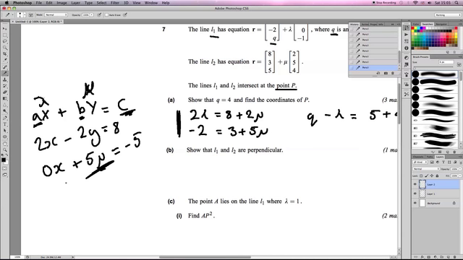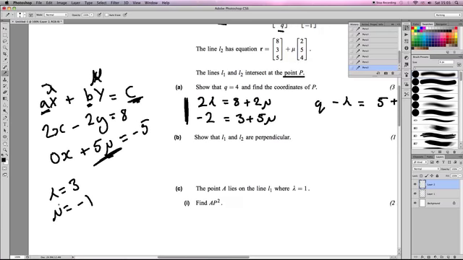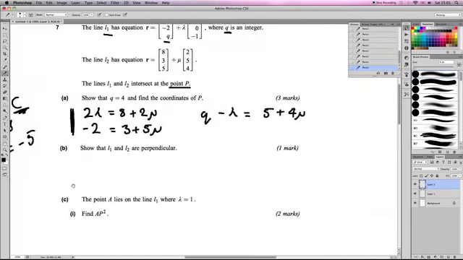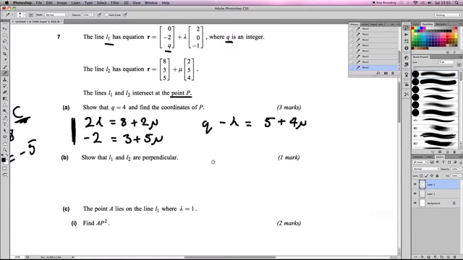I'm pretty dumb like that. So when we solve it, we have x or lambda as 3 and mu as minus 1. So mu and lambda are minus 1 and 3. I said it the wrong way around, but yeah.